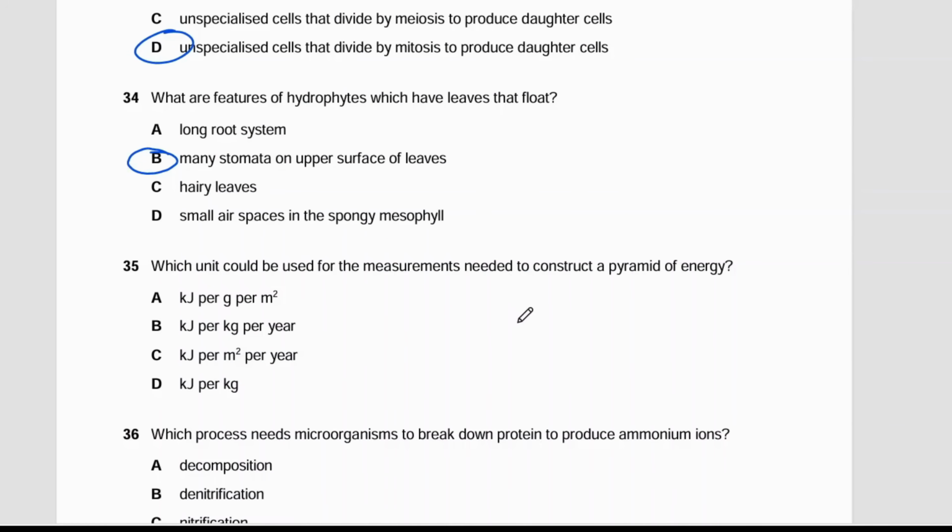Which unit could be used for the measurement needed to construct a pyramid of energy? Okay, this one is a different question. Okay, kilojoules per area per year. Correct.